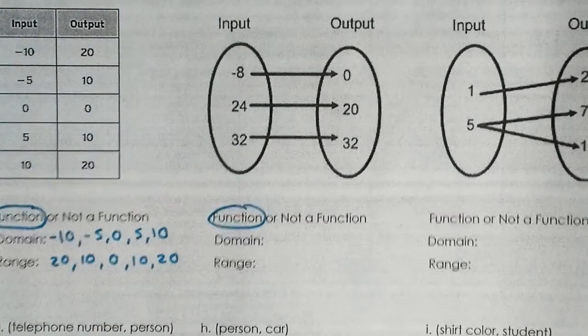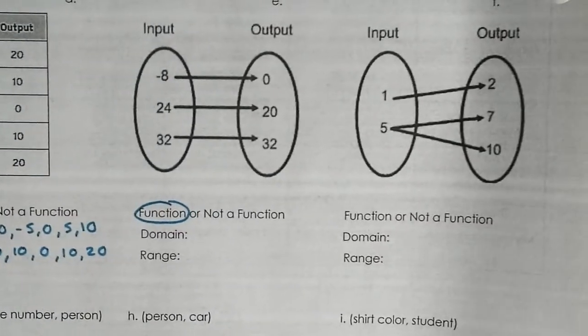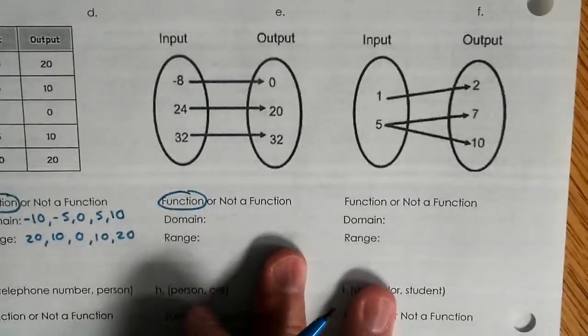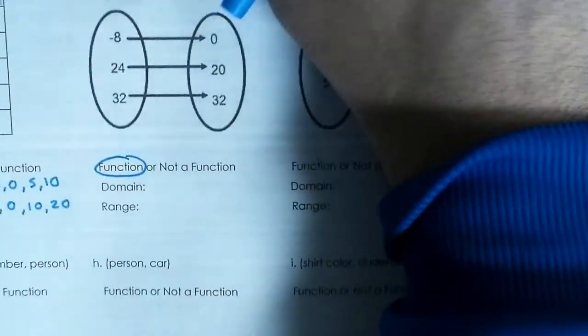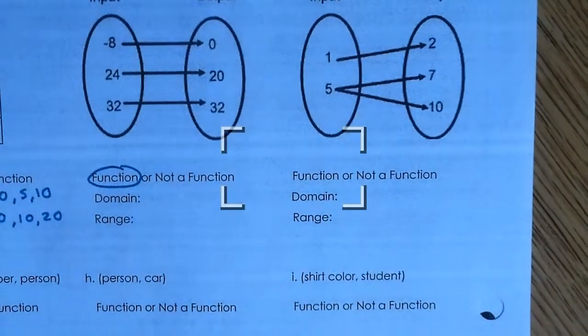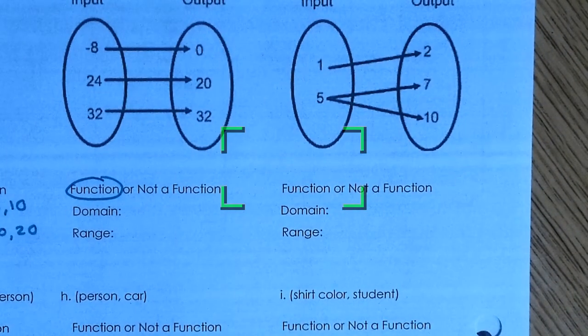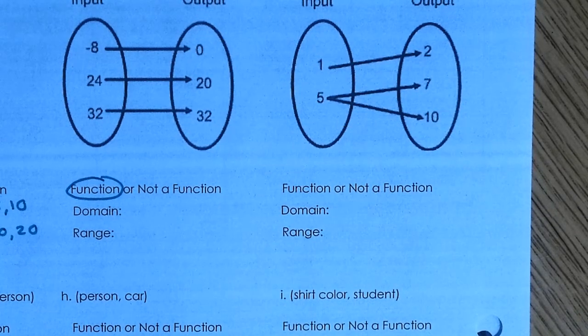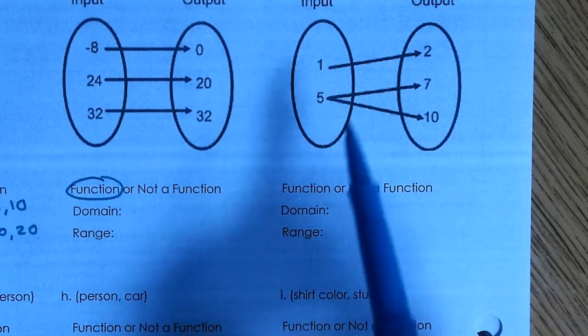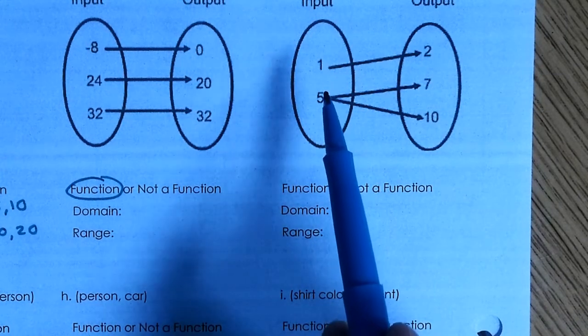Now let's show you what a non-function looks like. Look at the next one. All right, is that a function? No. Why? What sticks out to you? What's repeating? The 5. Notice my inputs are 1 and 5.